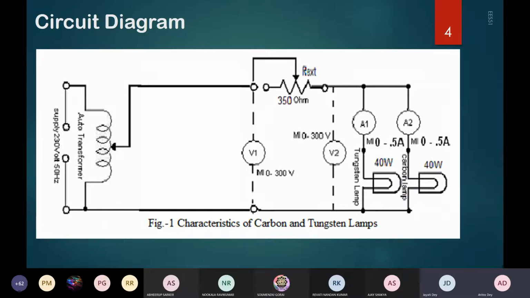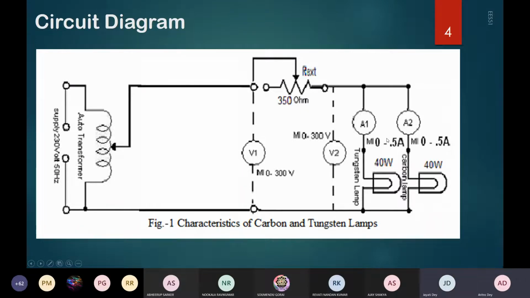So the voltmeter we have used for V1 can measure any voltage in between 0 to 300, V2 also 0 to 300, and both the ammeters are capable of measuring the current in between 0 to 0.5 ampere. And the rating of the lamps are 40 watt here.